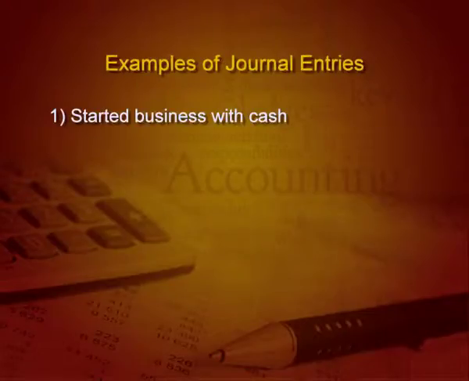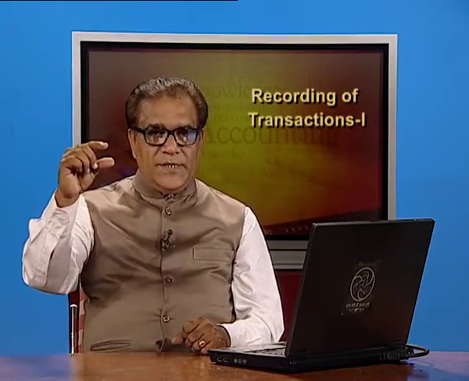Now you can combine these journal entries with the accounting equation and understand why it is being debited and why it is being credited. Please see again, started business with cash, what is coming in? Cash. So the asset is debit, and who is contributing? Capital. Capital increases when you contribute the money. So I will write like this: cash account debit, to capital account. I hope it is clear.